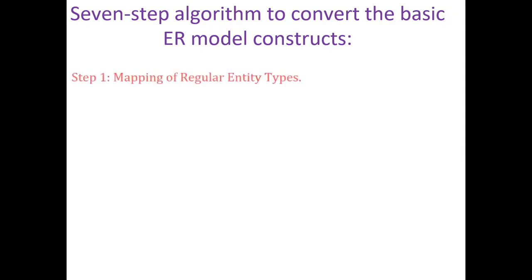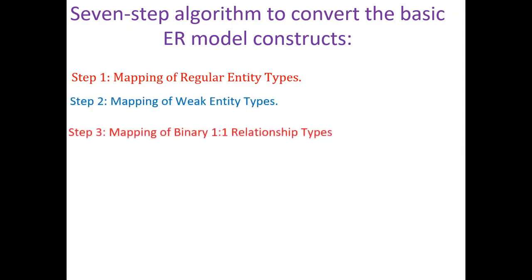It begins with the first mapping of regular entity types, that is mapping of strong entity types. Next, we need to map weak entity types. Then we need to map the relationship types. In the first stage, 1:1 relationships will be mapped. Next, 1:N relationships.